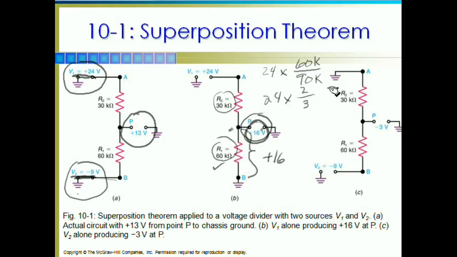So then we come over here and do the same thing to the other side. We short across the plus 24 and allow the minus 9. We're going to analyze using minus 9 volts. So in this case, we're going to be measuring across the 30k ohm. That's what point P to ground is going to show us.